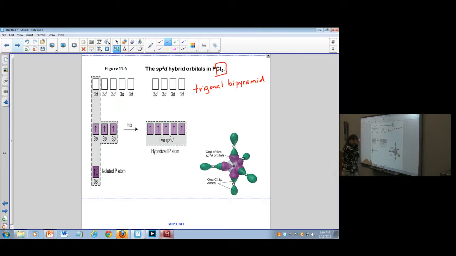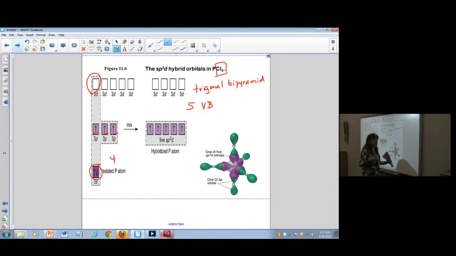So 5 areas of density. I need 5 valence bond hybridized orbitals. Now, I'm going to use up the s and these p's right away, but that only gives me 4 areas of density. Therefore, I need to get 1 more out of the d orbitals.